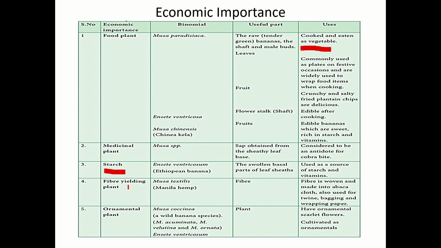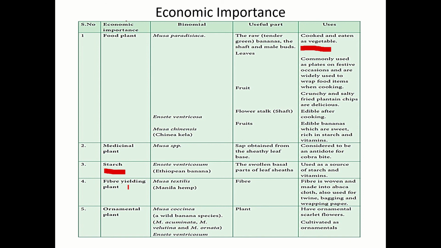Ornamental uses are also there. Musa coccinea, a wild banana species, is not only cultivated as an ornamental. It also has industrial applications, like after distillation, the fruit pulp is used in dyeing of cotton, leather, and even wood.